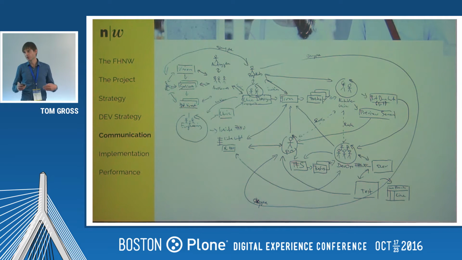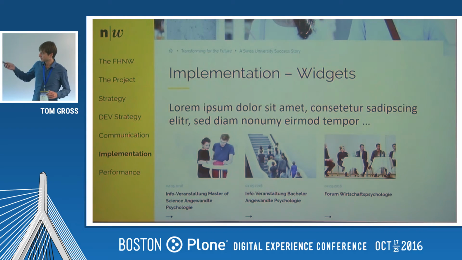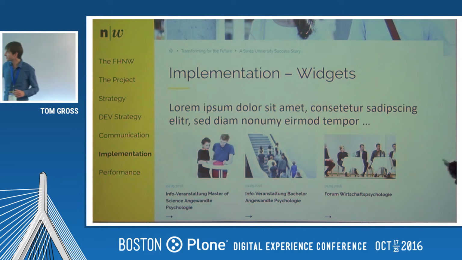And again, we orientated this communication model on the layout, on the design. What we did, we take the layout of the page, this is actually the new layout of the site, and split it into parts. And we call these parts widgets.